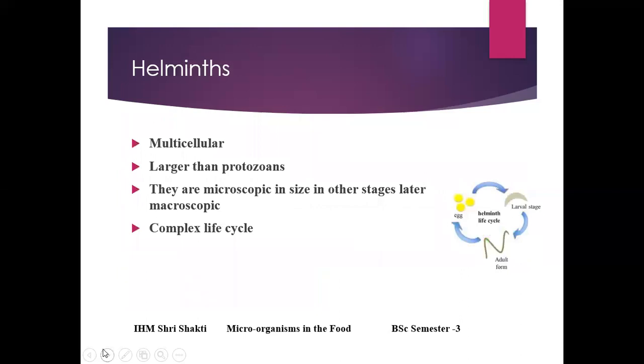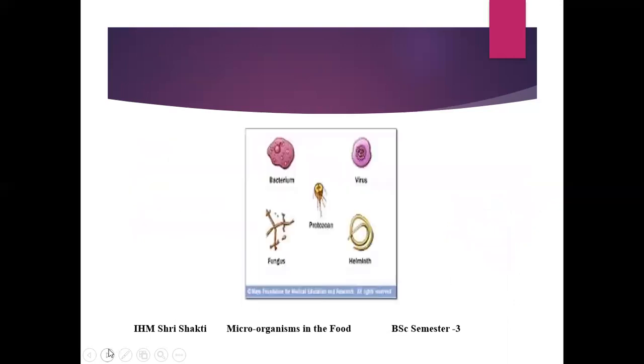Next, helminths. These are multicellular, larger than protozoans. They are microscopic in size in some stages, and in other stages they become macroscopic. Starting from eggs to larval stage to adult stage, it becomes macroscopic. It has a complex life cycle.